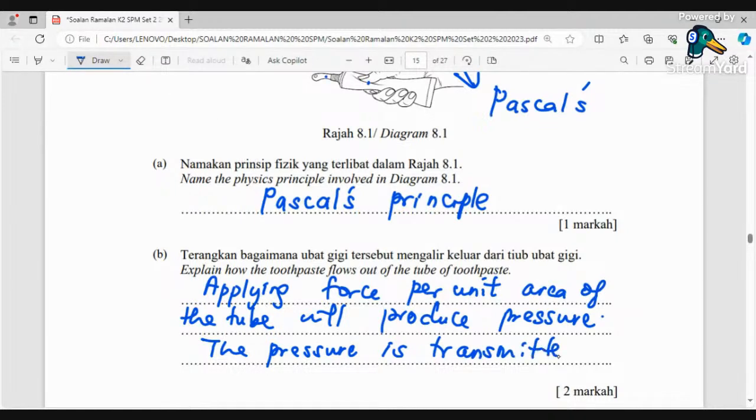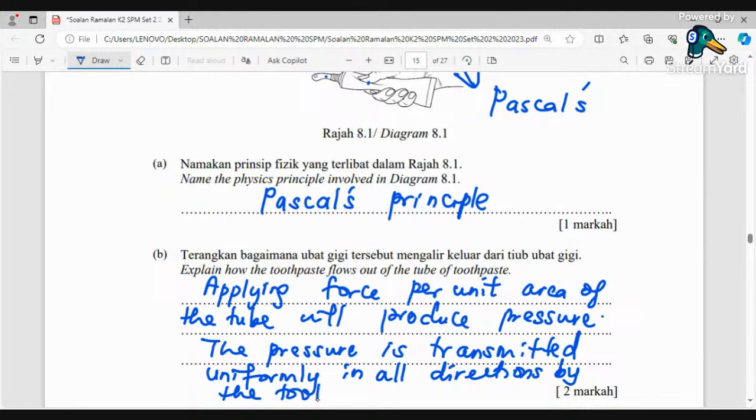Transmitted uniformly in all directions by the toothpaste.